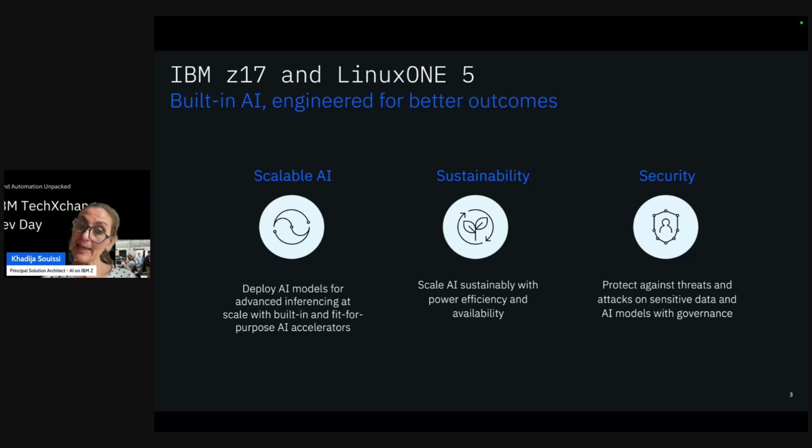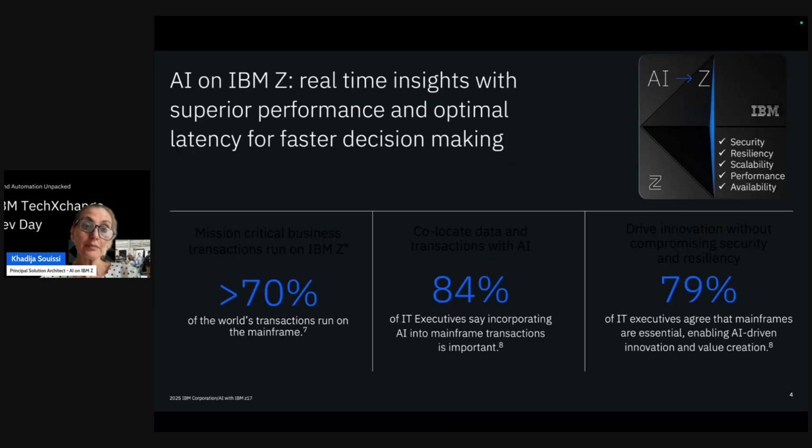We are also taking care of sustainability, so we scale AI in a sustainable way with power efficiency and availability. And in terms of security, we are investing a lot of effort to protect against threats and attacks on sensitive data and AI models, while establishing governance approaches on the platform.